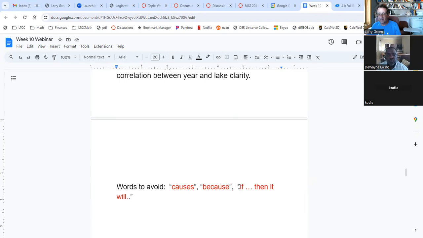That's also a cause sentence. So those are things to avoid. Instead, you're going to use words like predicted to be, tends to be, on average has a likelihood of. Those are better ways of wording it than cause, because, or if-then. Any questions on that idea?